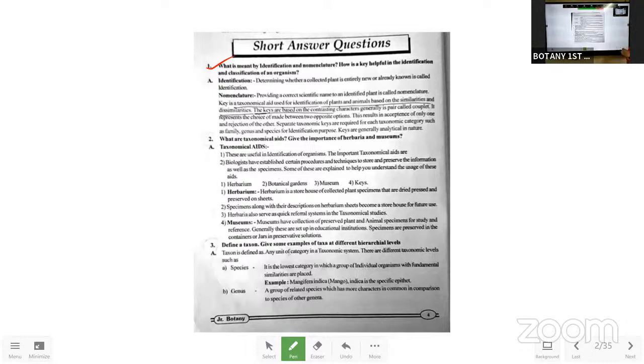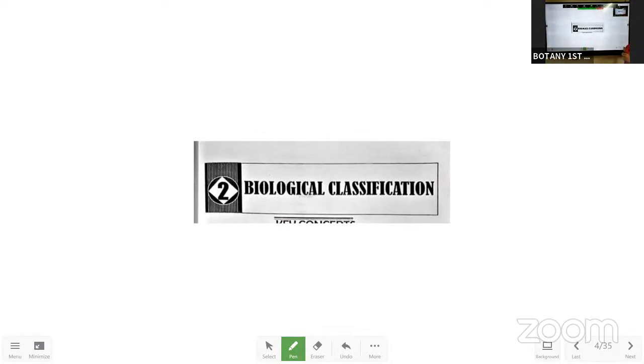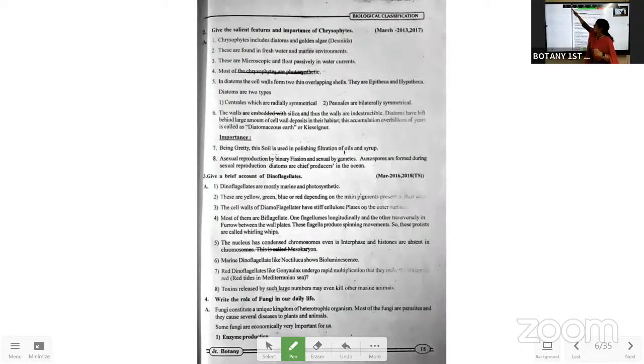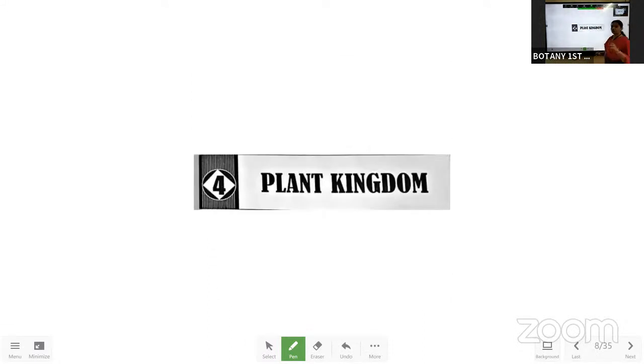This answer we have finished, and the binomial nomenclature. And in the biological classification, we have finished the euglenoids, chrysophytes, dinoflagellates, and the daily use of fungi in our life. That was also finished. That means we have completely finished 2 chapters' SAQs.